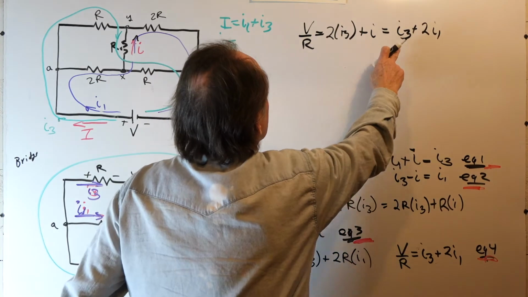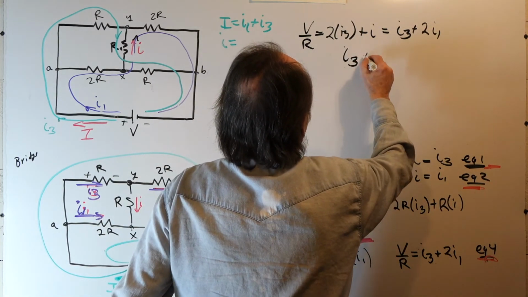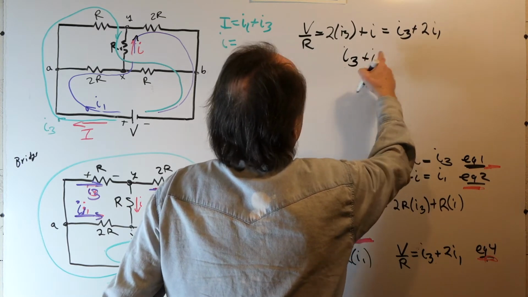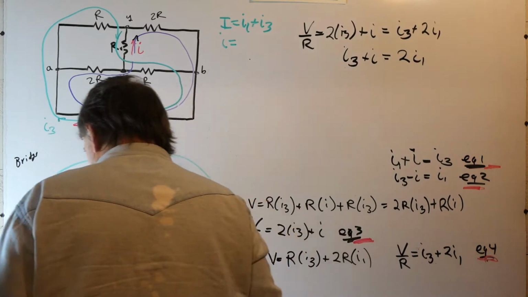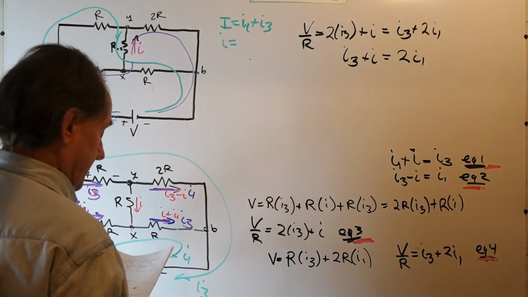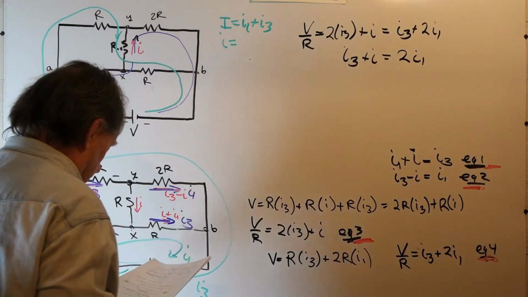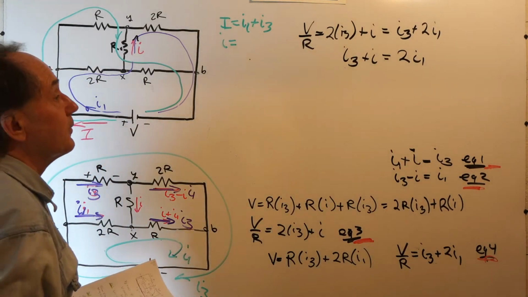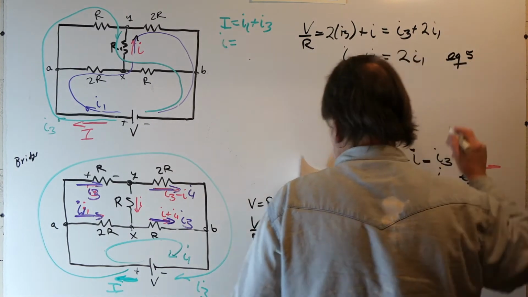Combining terms, we get I3 plus I is equal to 2I1. And we will call this equation 5.